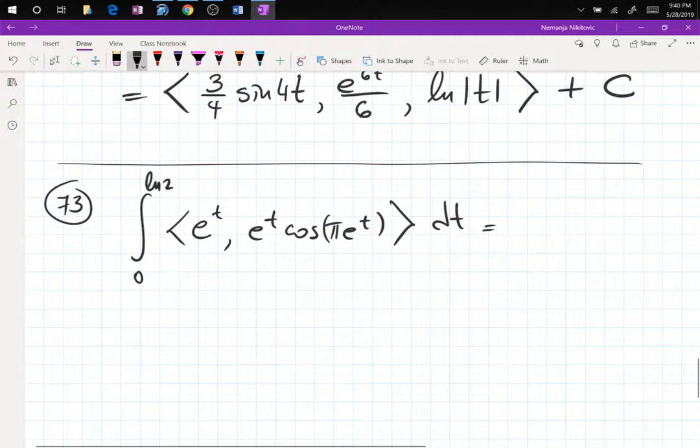So derivatives and integrals are pairs. If you want to go from position to velocity to acceleration, you would be differentiating. But if you have acceleration, then you can integrate to go back into velocity, and integrate again to go back into the position vector.